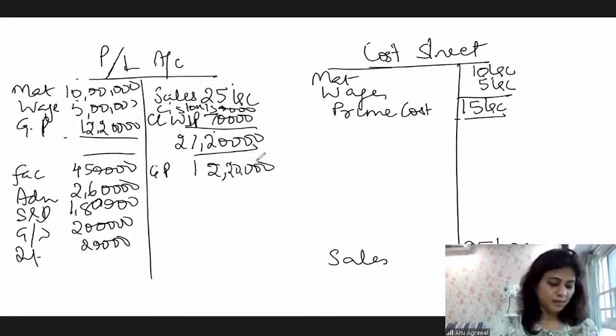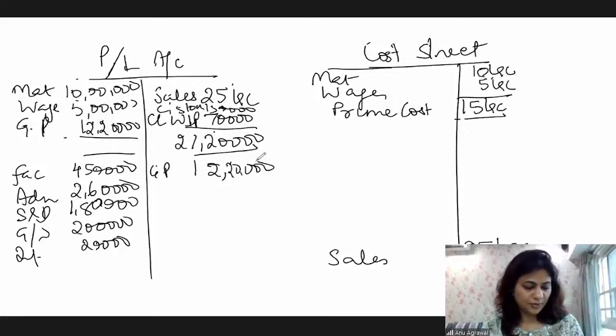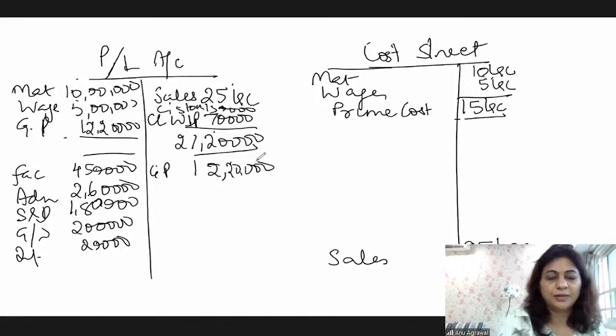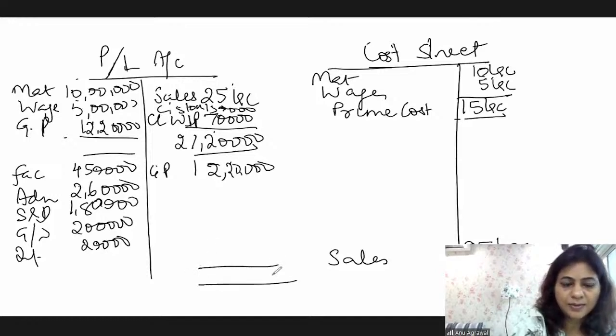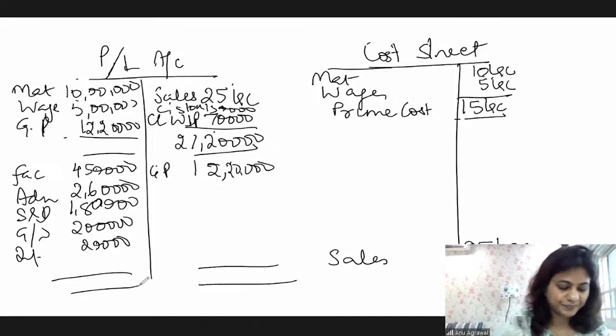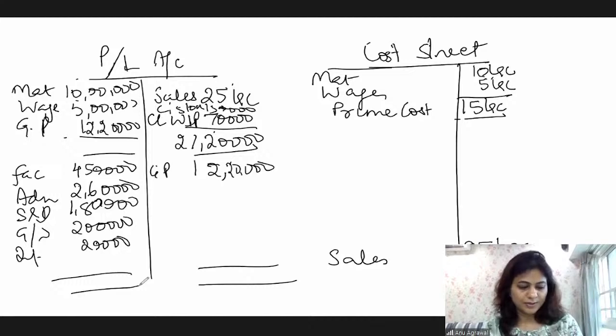Yes. Now, guys, I don't think I missed out on any figure. I've put in all the figures, selling and distribution, factory, everything. Can I find out my profit? So let's do it.